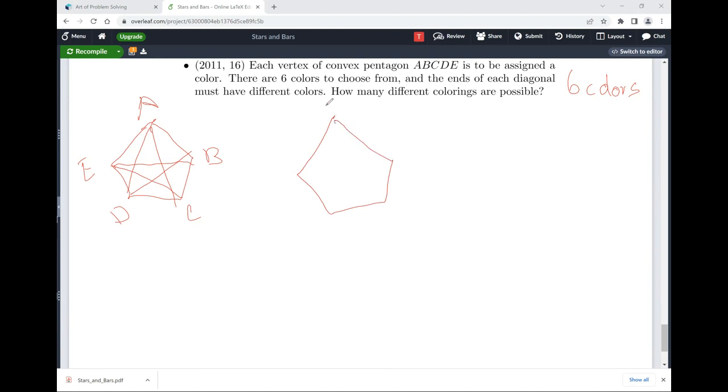So let's call the colors 1, 2, 3, 4, 5, and 6. A can be color 1, and that means D and C can't be 1. So let's say D is 2 and then C is 3. Let me draw back these diagonals.